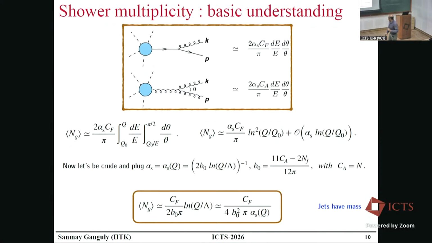Yes. What's the physical interpretation of Q in these formulas? The Q is the scale coming from the RG running of alpha S. I understand what Q is, but in the jet formation, what you said about the number of gluons, you put alpha as 0.1.